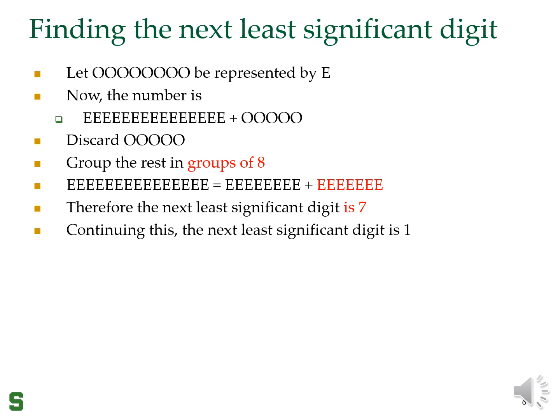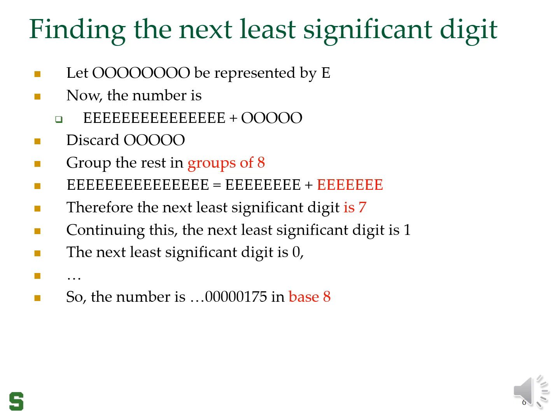Keep going. The next least significant digit is 1, and therefore the number is going to be 0, 0, 0, 0, as many zeros as I like, followed by 175 in base 8.